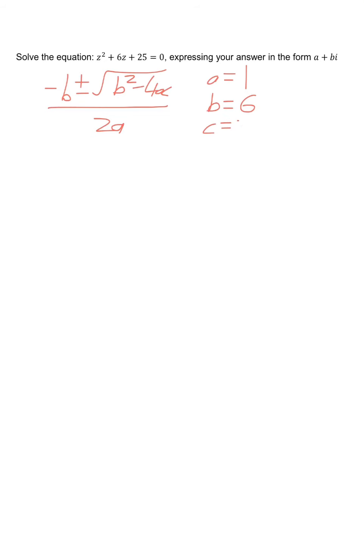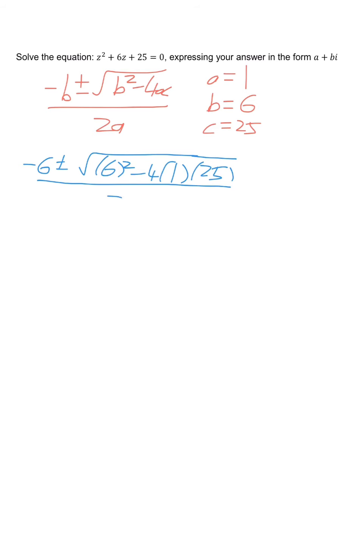And c then is equal to 25. So putting these values in now, I'll have minus 6 plus or minus the square root of 6 squared minus 4 times 1 times 25, all over now 2 times 1.